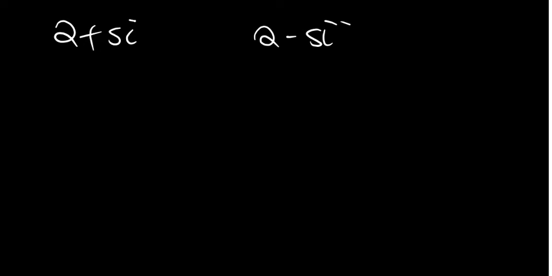Now, the sign changes to the part where there is imaginary and not the real part. You get my point, right? The only sign which is going to change is where there is the imaginary part and not the real part. So for example, here we have 2 plus 5i. The conjugate of this is 2 minus 5i. As simple as that. Okay?